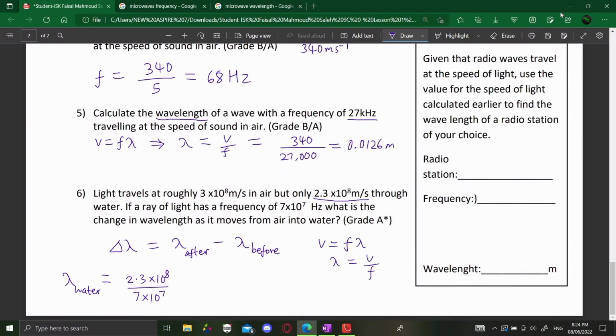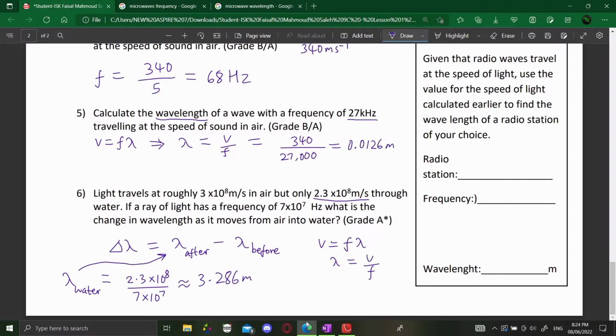I'm just going to round it off. Meters. And this corresponds to the wavelength after, when it's in water.